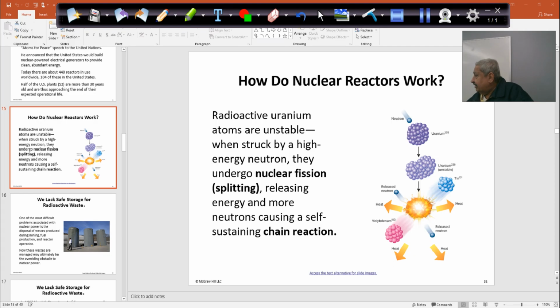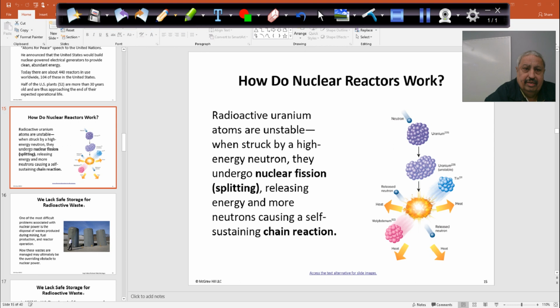A fission reaction is the bombardment of a radioactive isotope of an element, most of the time uranium or plutonium, by neutrons. So when you have a neutron, you bombard. Let me just show you what's happening.